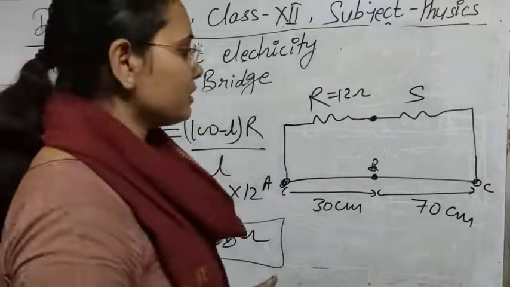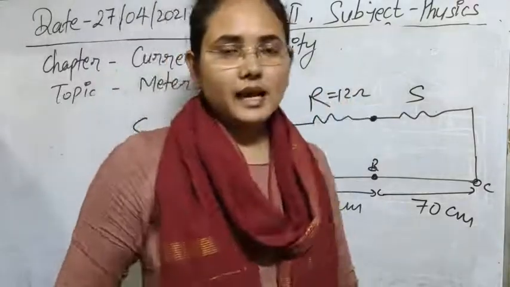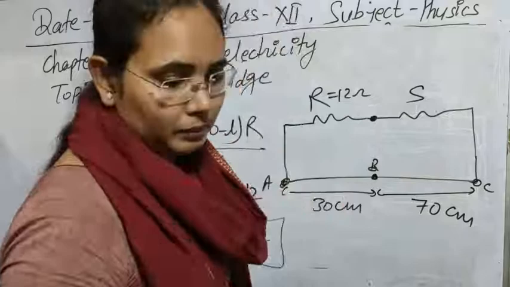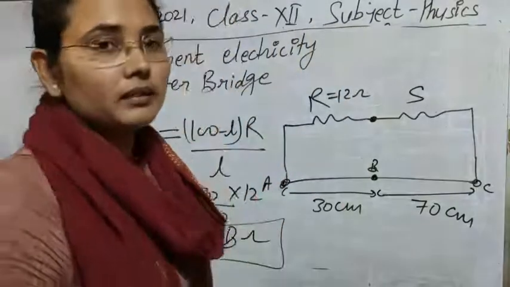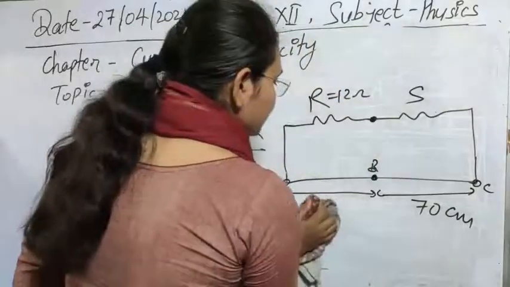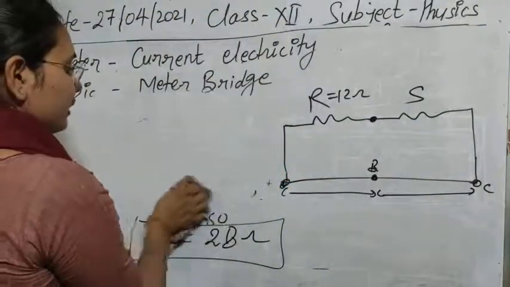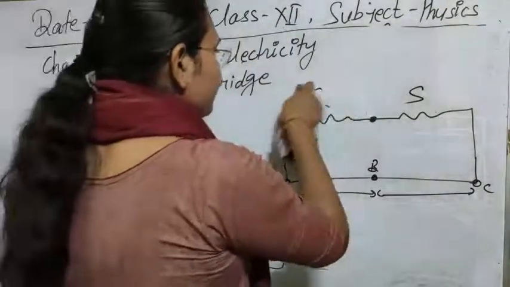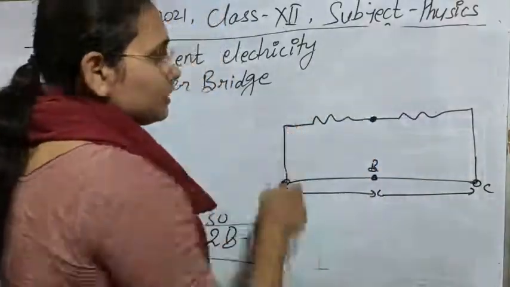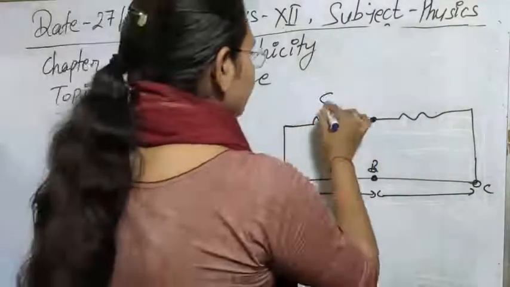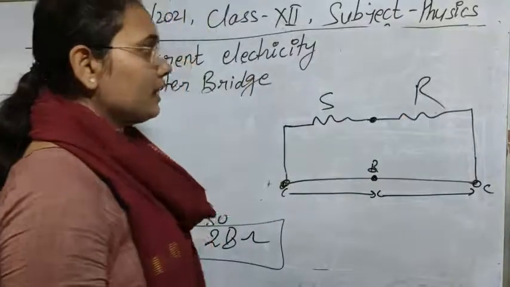Here one more question is that if we interchange S and R with each other, then what will be the position of the balance point? Suppose we are interchanging these two positions, means we are connecting S here and R here.